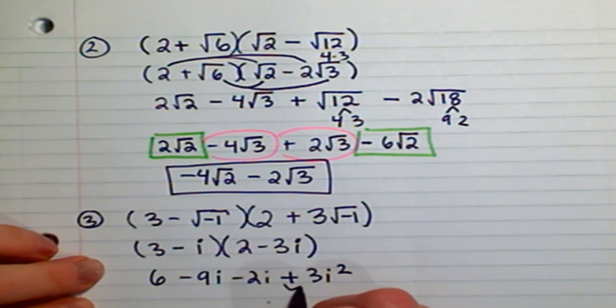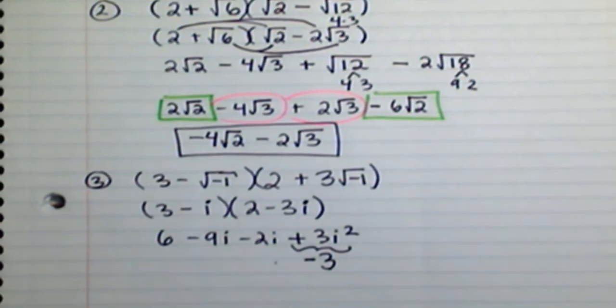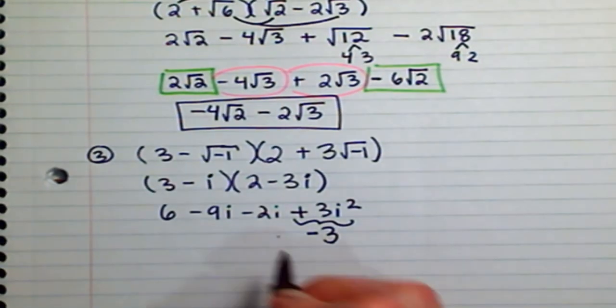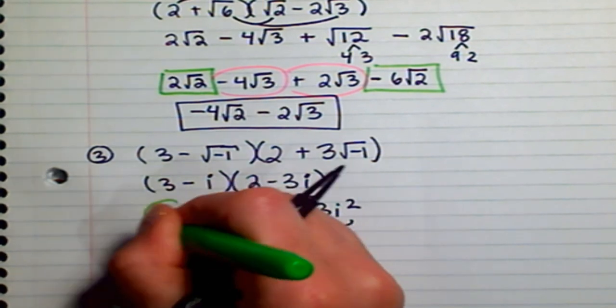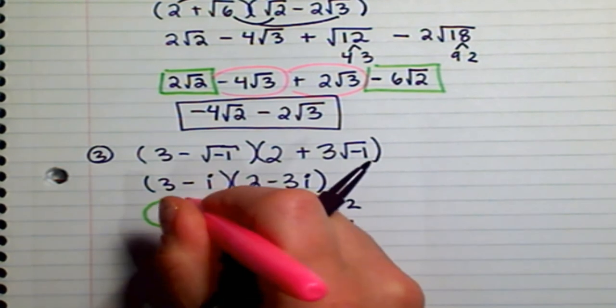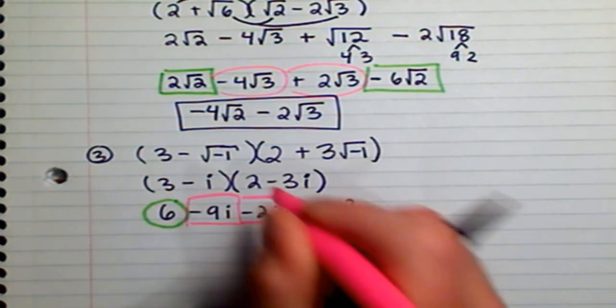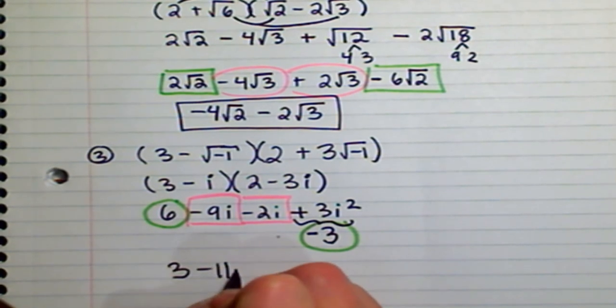Except we know that's going to turn into a minus 3 because that i squared is a negative 1. All right, so let's combine up our like terms. 3 minus 11i.